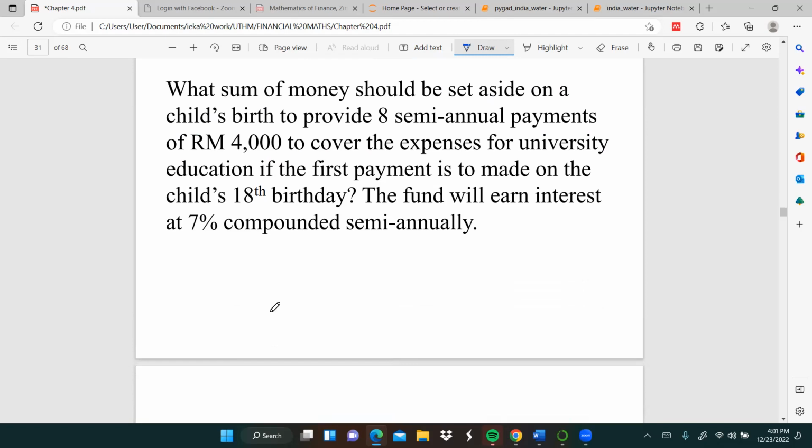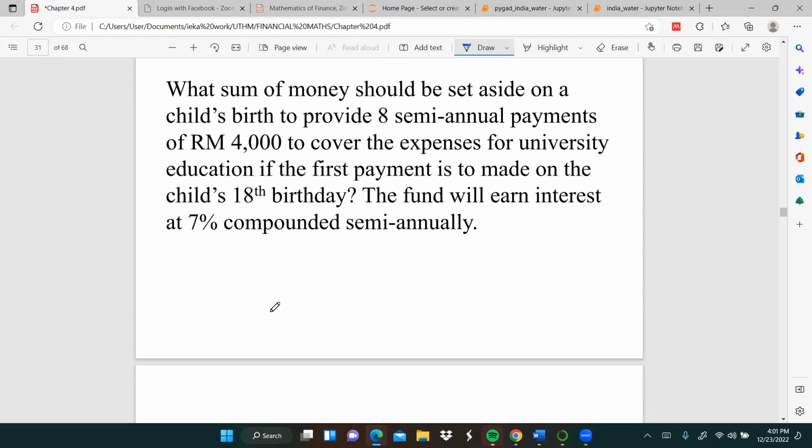Okay, dia cakap kat sini, kat sini kita nak cari discounted value lah.